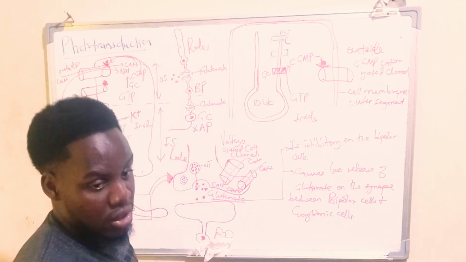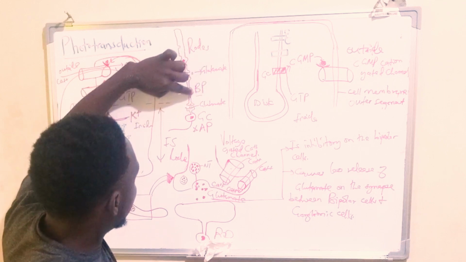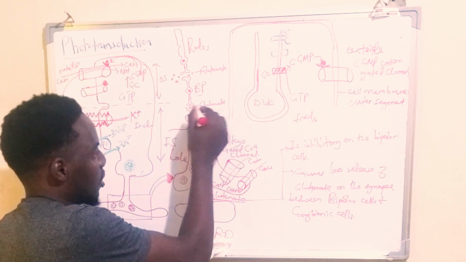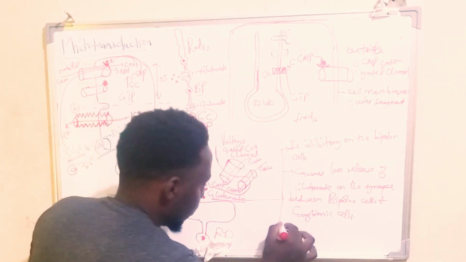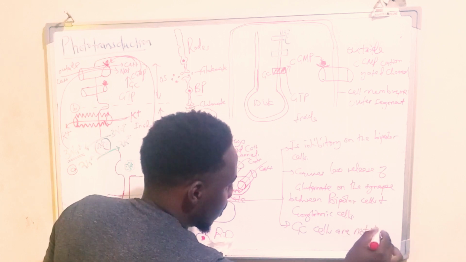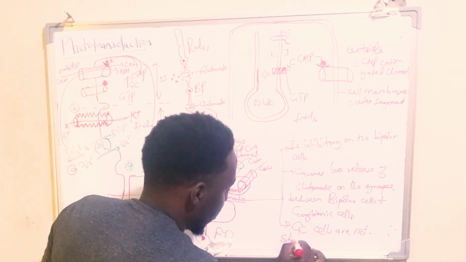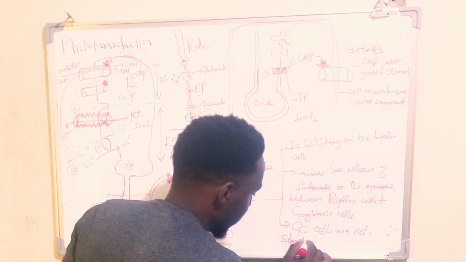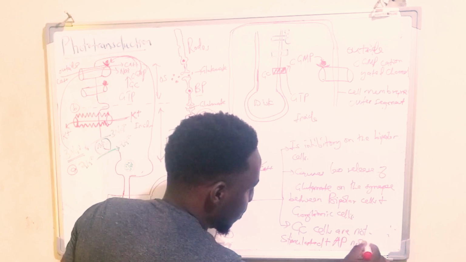What I was trying to say is that less glutamate or no glutamate is released on this synapse between the bipolar cells and the ganglionic cells. Due to that, these ganglionic cells are not stimulated, since there's less or no release of glutamate onto their dendrites, and therefore action potentials are not generated.